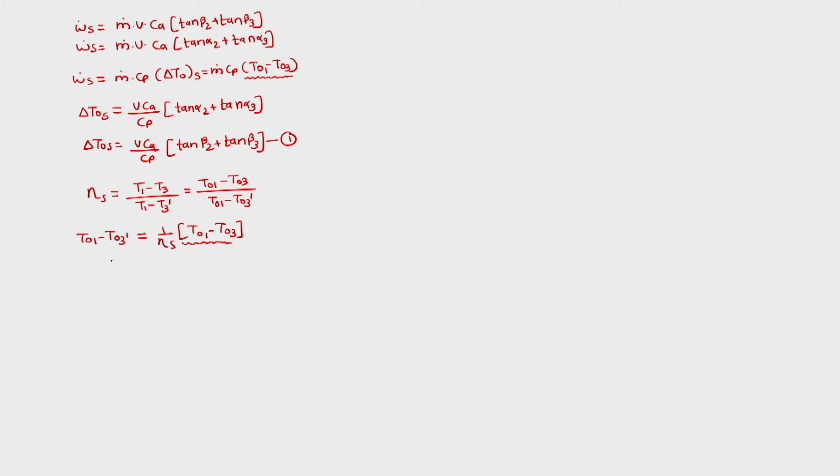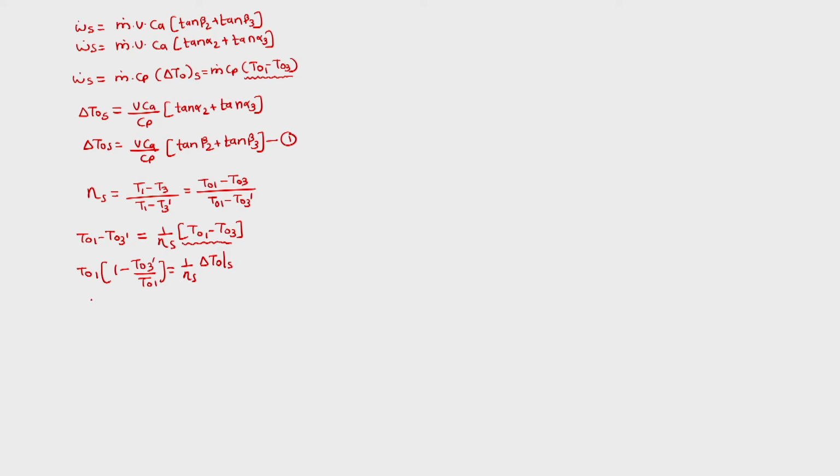So we can take common T01. So T01 times 1 minus T03 dash upon T01 is equal to 1 upon stage efficiency into delta T0 stage.